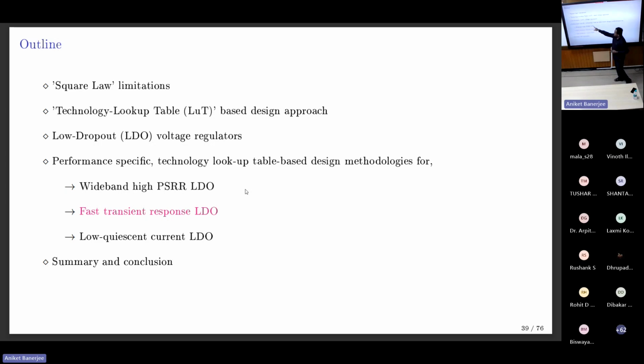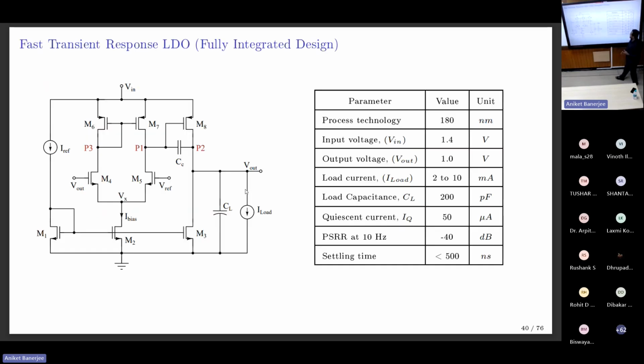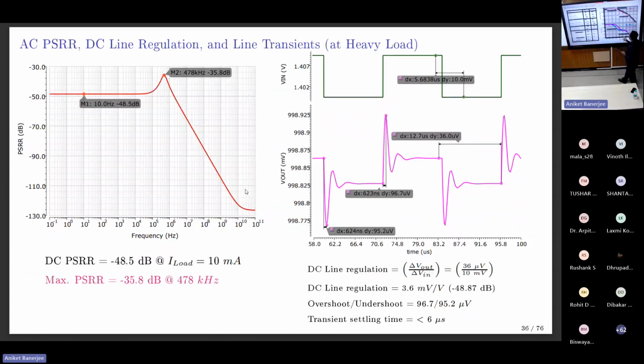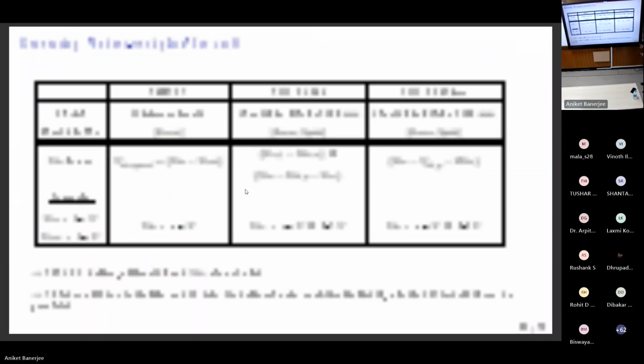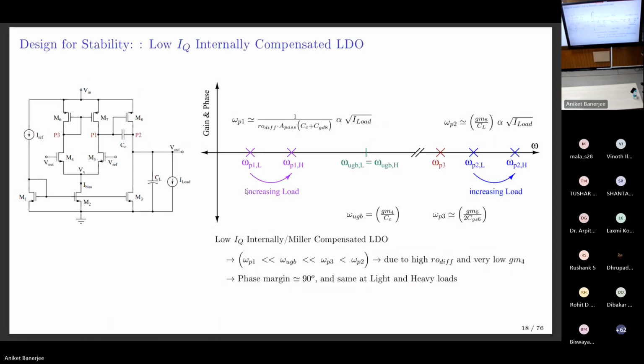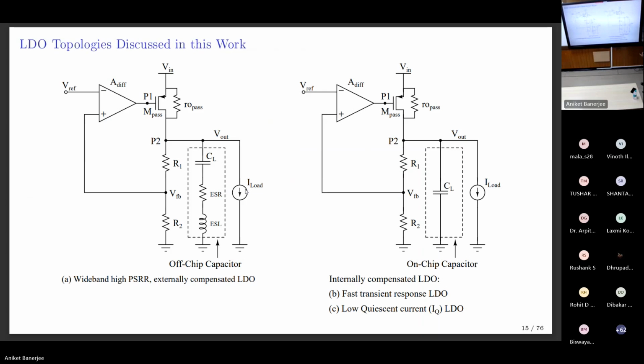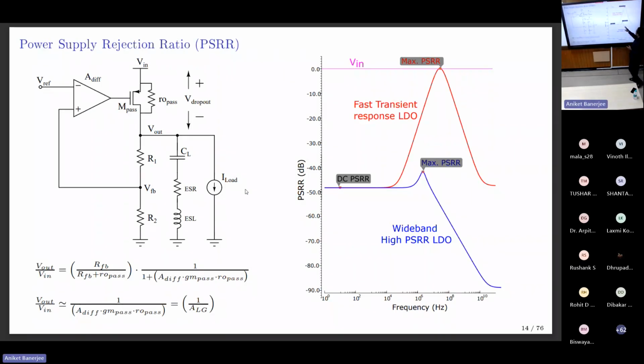Output pole dominant, because we use CL of 1 microfarad and Rout, so its output pole is the dominant pole. In the case of fast transient, if you use a 1 microfarad cap, what will happen? See, in the case of 1 microfarad, after this I don't have an amplifier present in the loop, right?